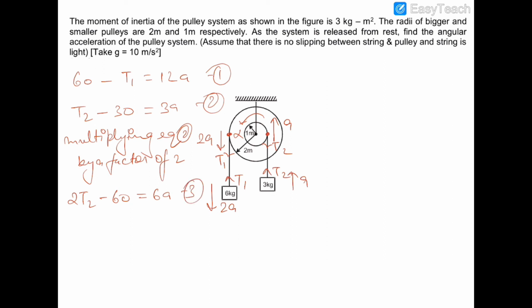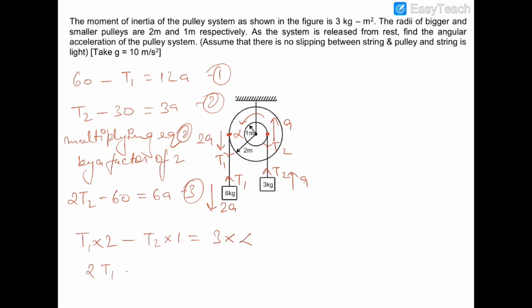This is the third equation. Now writing down the equation for the torque. So you can see that this system is rotating in anti-clockwise sense. Therefore torque of T1 would be greater than the torque of T2. So torque of T1 would be T1 into 2 minus torque of T2 would be T2 into 1, and that would be equal to I alpha, where I is 3 and alpha is alpha.